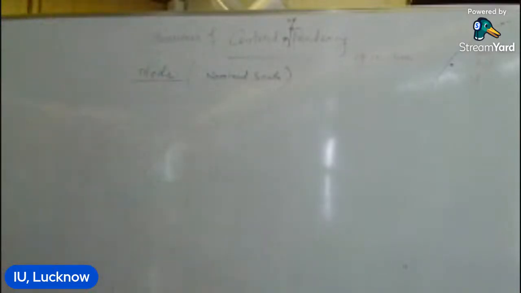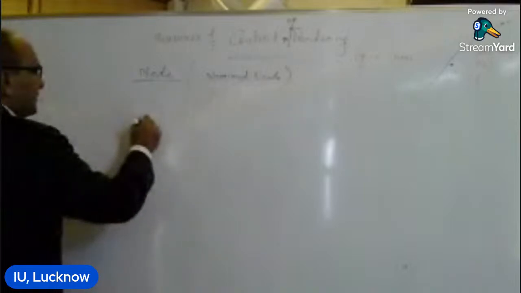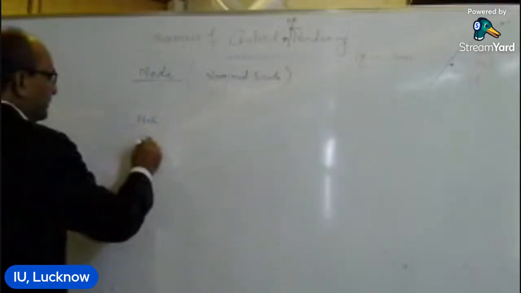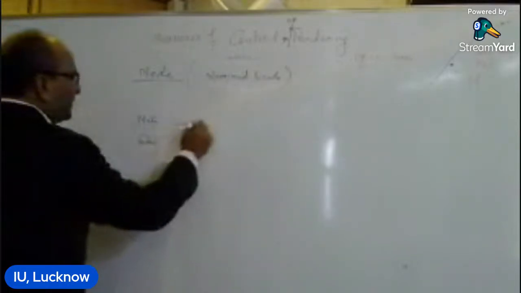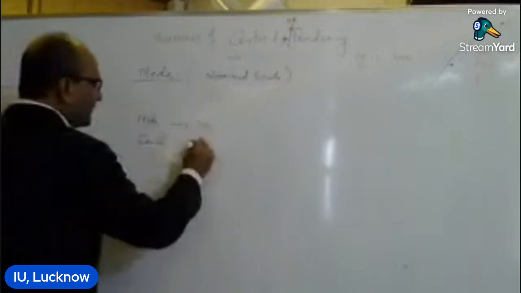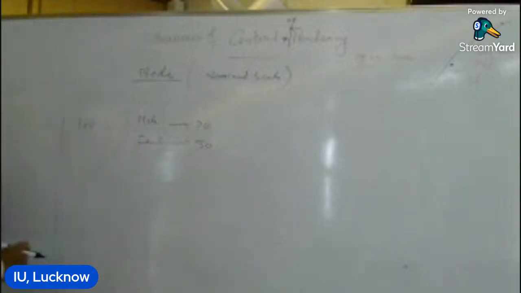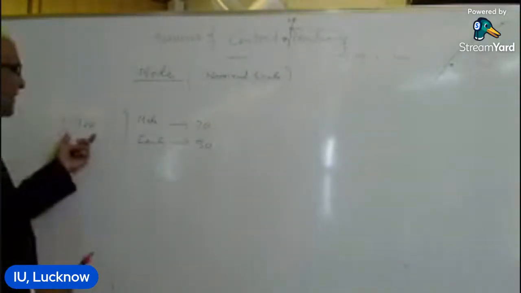Suppose we take nominal scale data, male and female. The number of males is 70 and the number of females is 30. Suppose this is a class of 100 students, including male and female. Who will represent this class? Whose frequency is maximum?